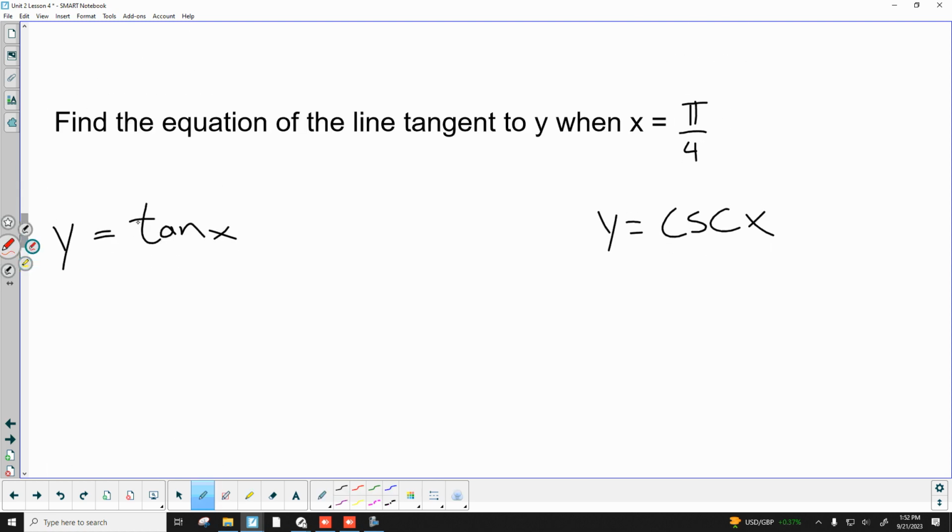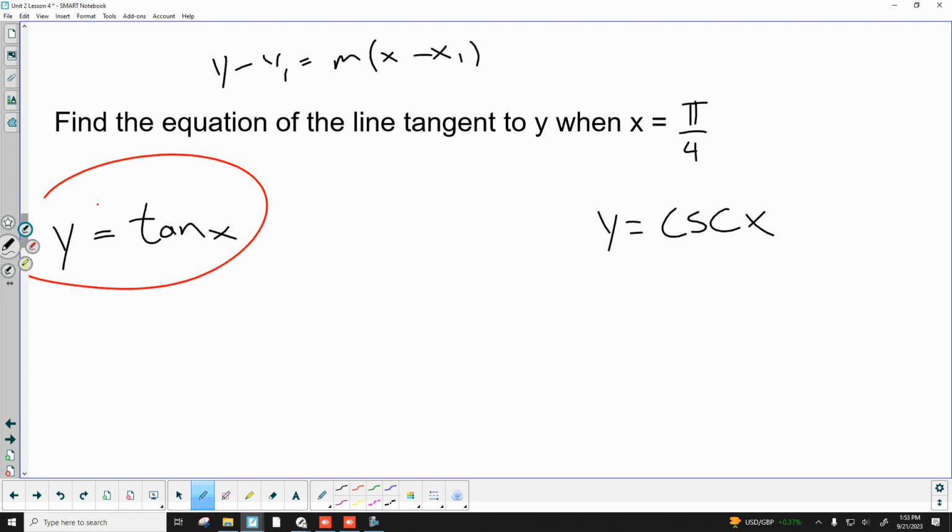Please tell me, what is the equation of the line tangent to the tangent function at pi over 4? Okay? Remember, we need y minus y1 equals m times x minus x1. We need some sort of slope equation to find m. Plug in x, get m. Don't forget, plug in x, get y in your original equation. Go.